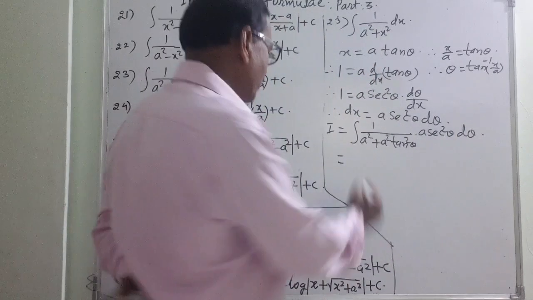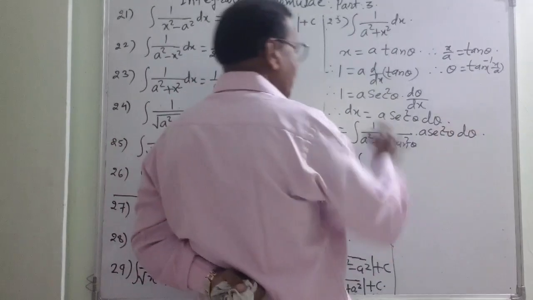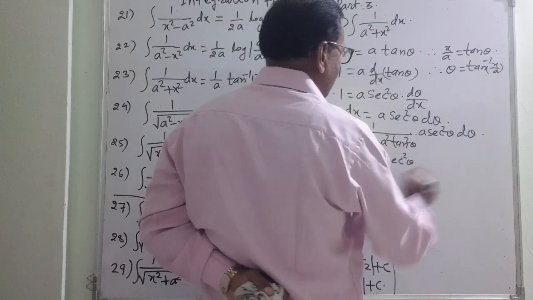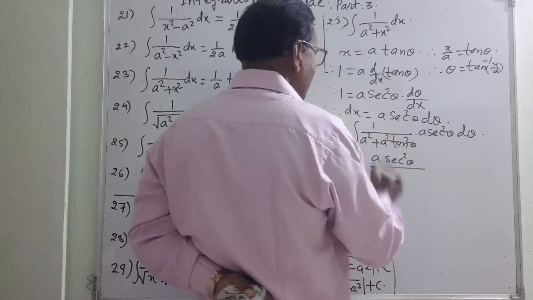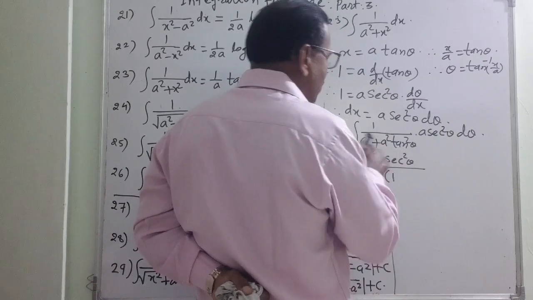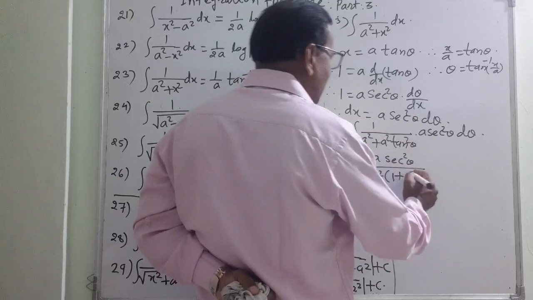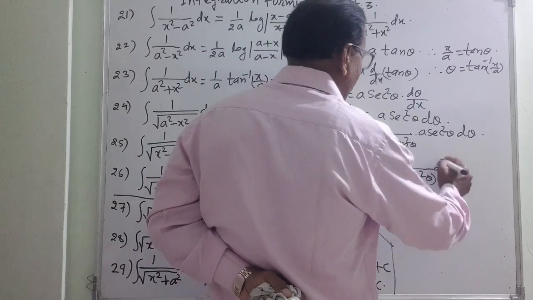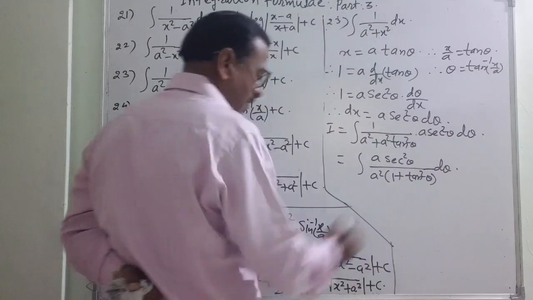That is equal to a sec square theta upon, common is a square, here it will remain 1 plus tan square theta, and here it will be d theta.